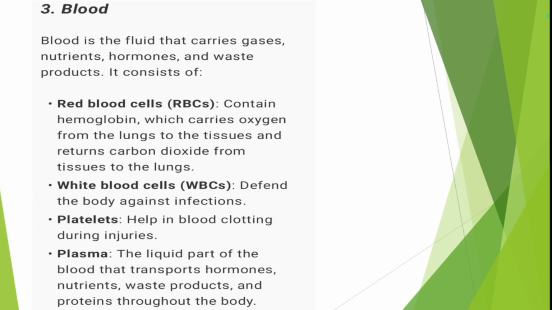Then it comes all about the blood. Now, what is blood? Blood is a red color fluid which carries all the things in our body. For example, blood circulates the gases, meaning whatever we inhale, that is oxygen, it carries to the whole body. It also collects the carbon dioxide from the whole body and helps in its exhalation.